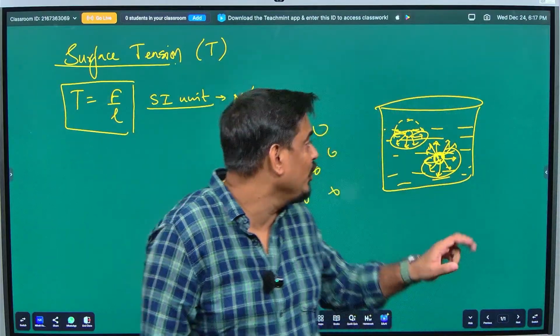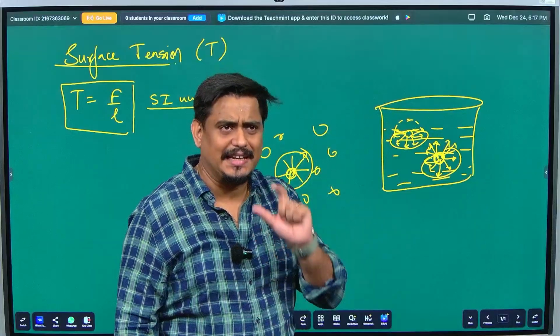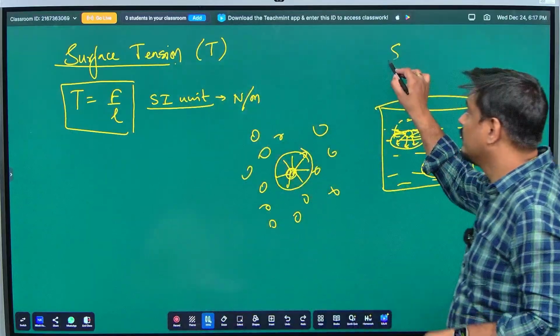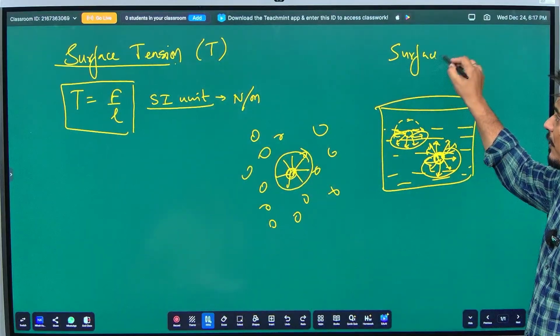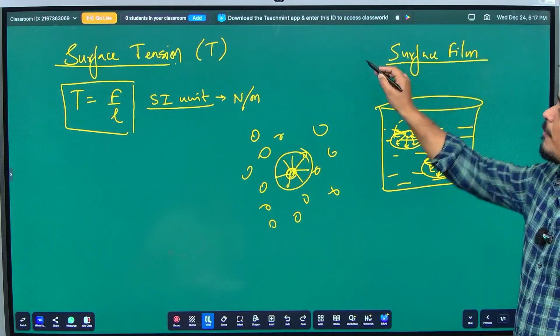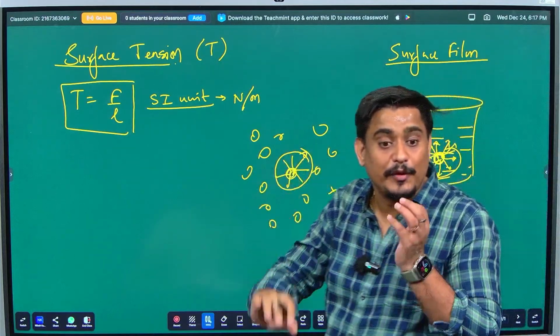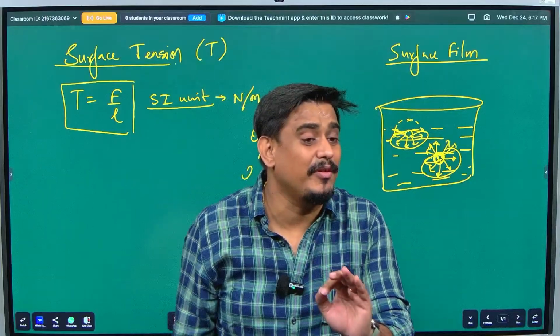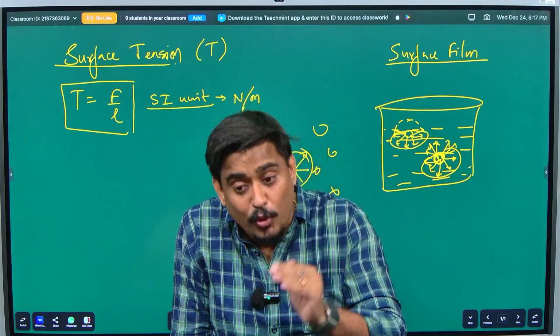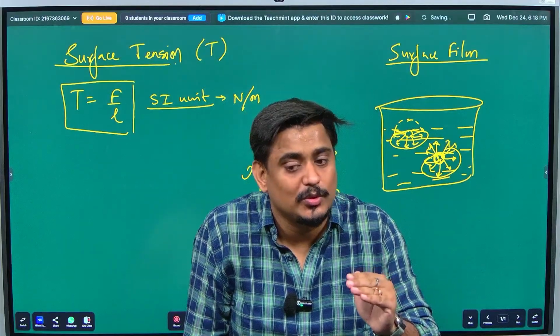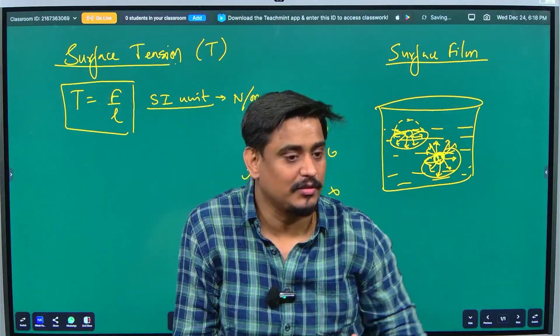But the molecules present in the top layer, technically called the surface film, the topmost layer of liquid, have more downward force compared to the molecules well below in the liquid.